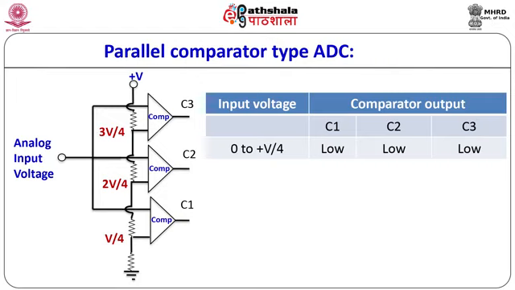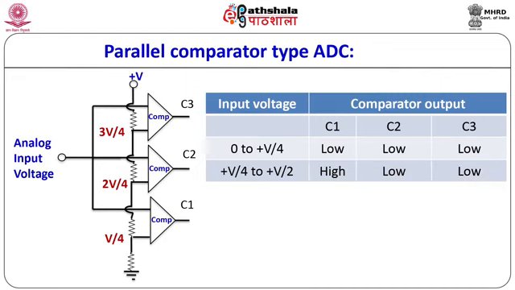When the input analog voltage increases and is in the range of plus V by 4 to plus V by 2, the output of the lower comparator gets set, and that is why the C1 output becomes high, whereas for comparators C2 and C3, the reference voltage is still more than the analog input voltage, and that is why the outputs of C2 and C3 will be low.